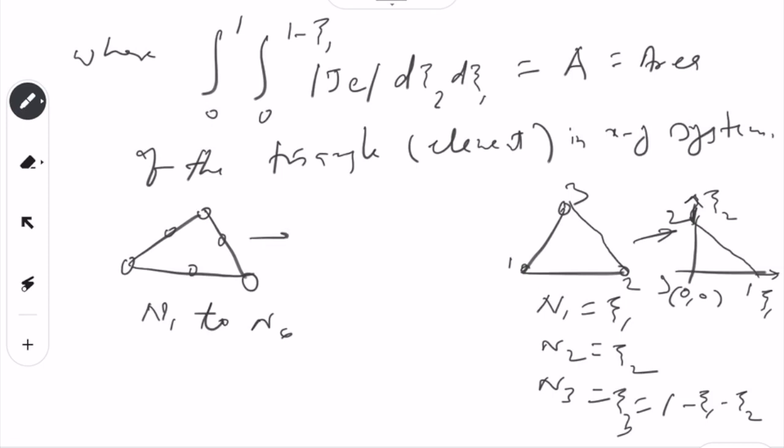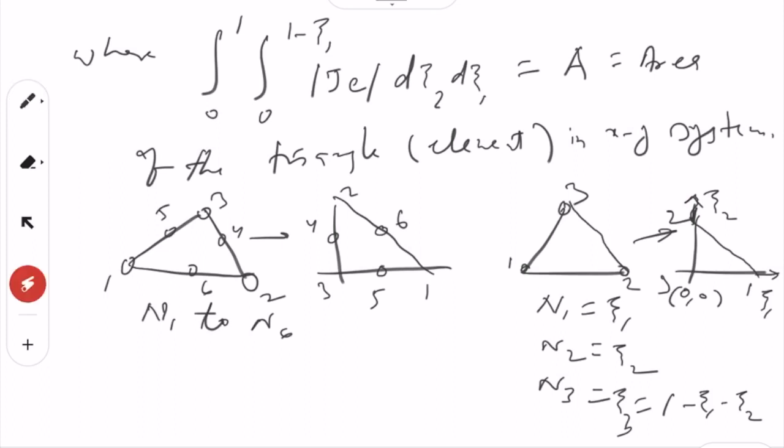Here also we are going to do the same thing. So we will have these nodes 1, 2, 3, and then 4, 5, 6.